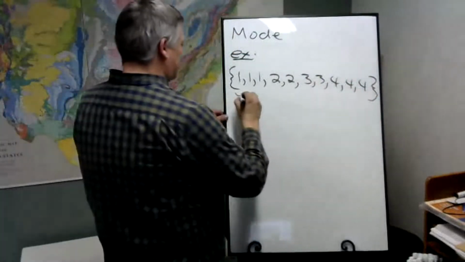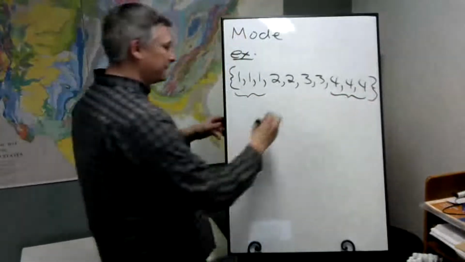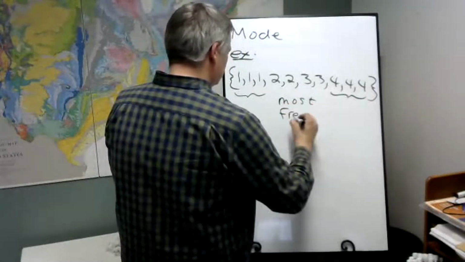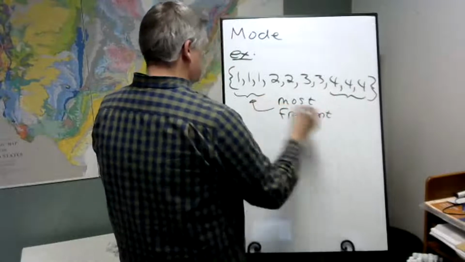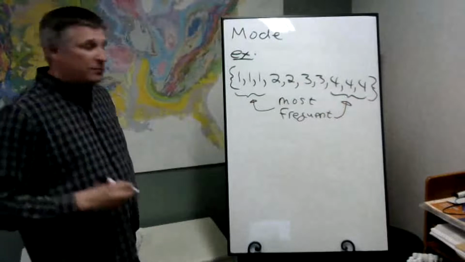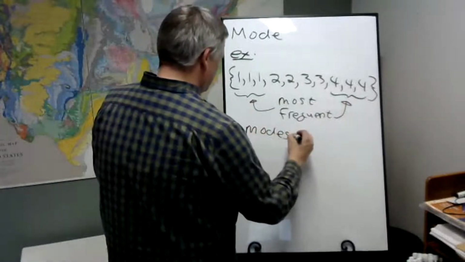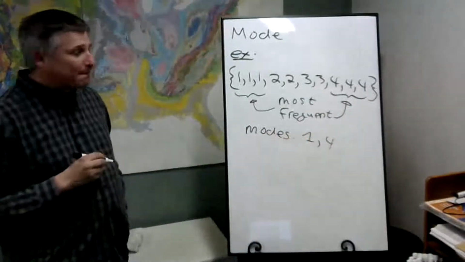Well, here, the 1s and the 4s are most frequent. So here we have 2 modes, the 1 and the 4.